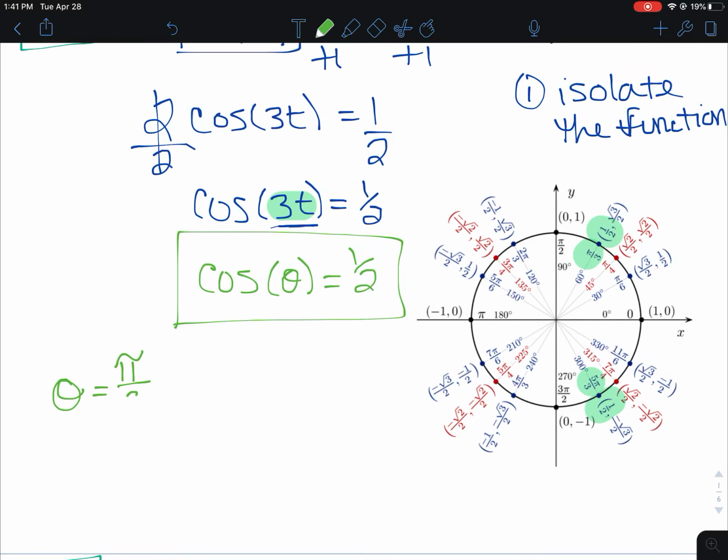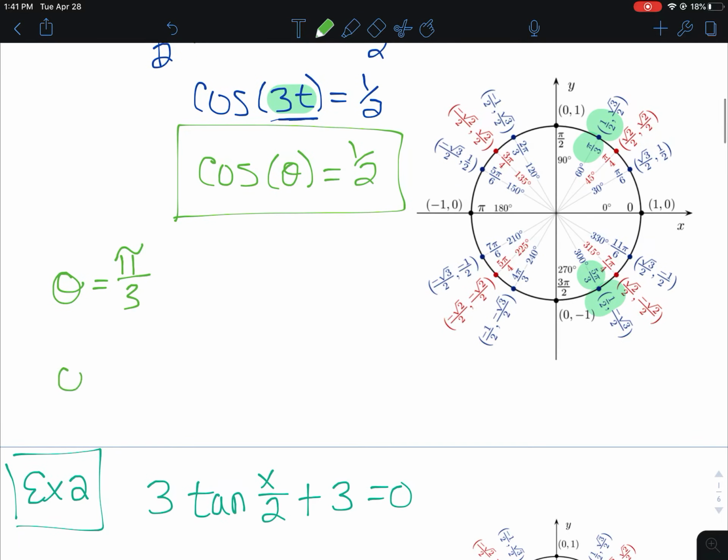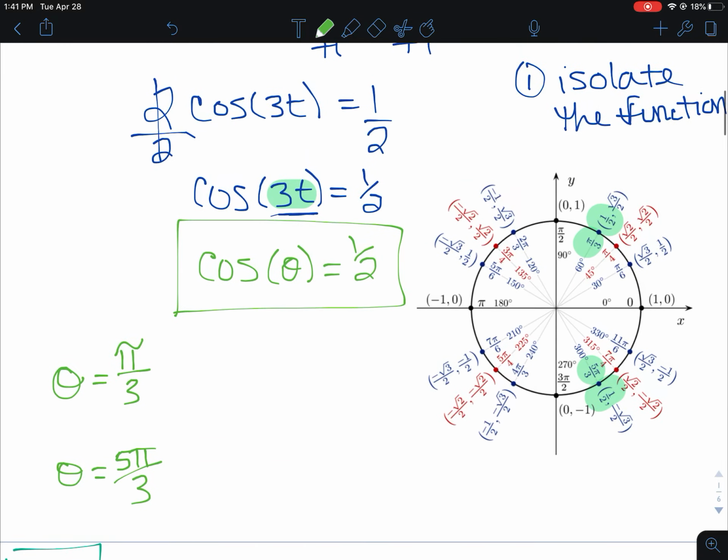So theta is equal to pi over 3, and theta is equal to 5 pi over 3. And just like last time, we're going to add on 2 pi n to the end of that, right? Because I could go here, that's one value, or I could go all the way around my unit circle and back up to pi over 3, that's another value.